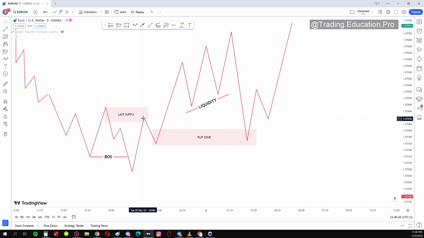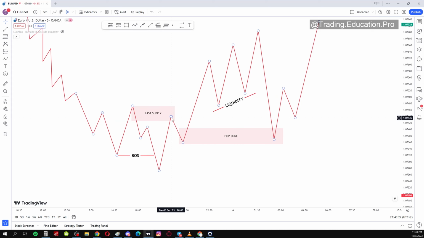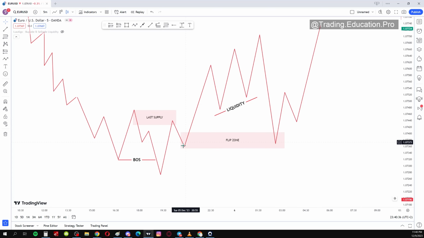And usually the price will go up, tap the last supply, and come down. It will give us a pullback. And then the market will basically decide, are we going down or are we going up?